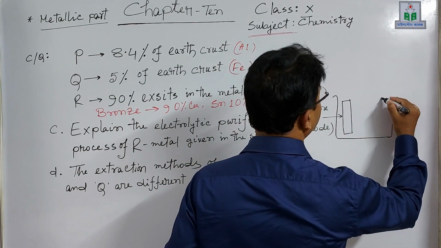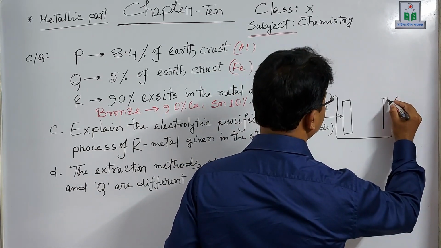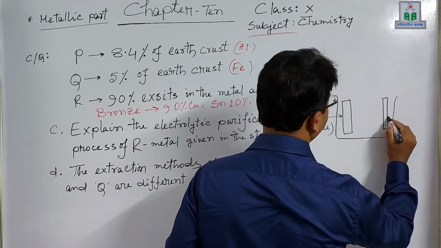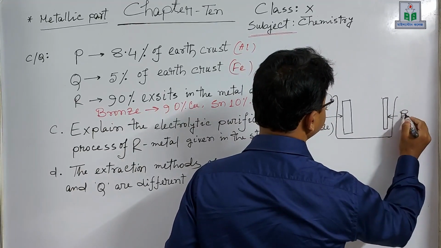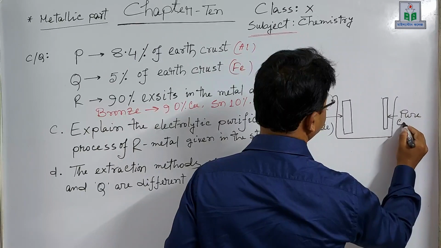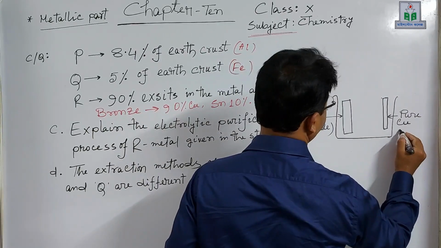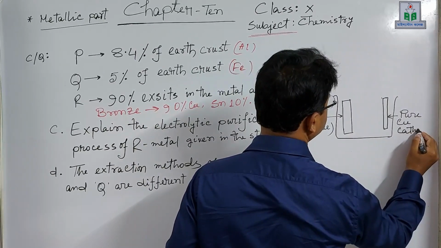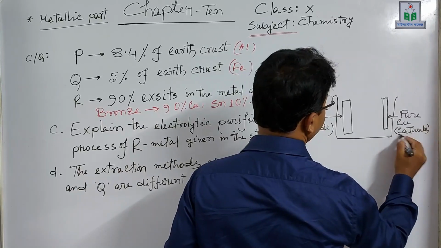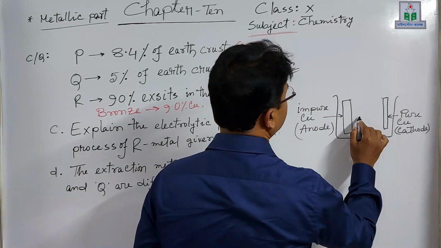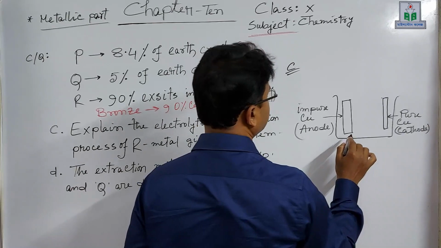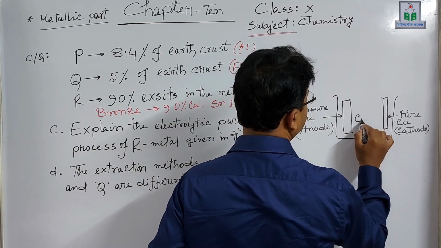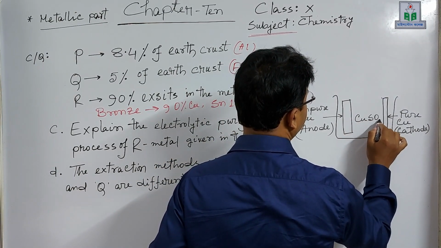and pure copper strip, or pure copper, is made cathode, and both the anode and cathode are dipped in the aqueous solution of copper sulfate.